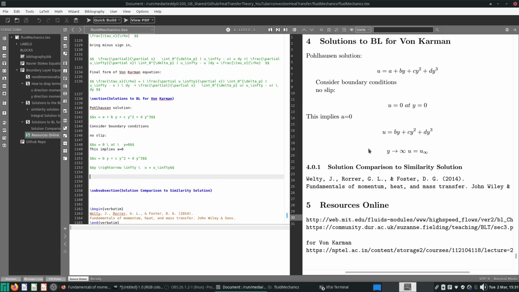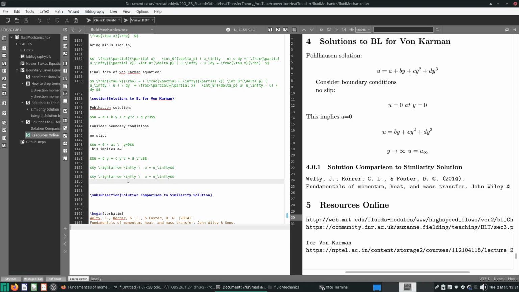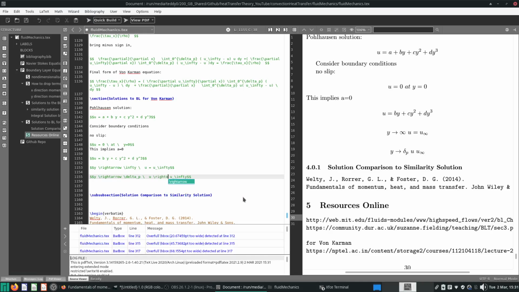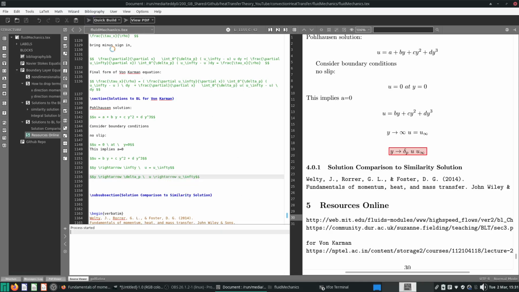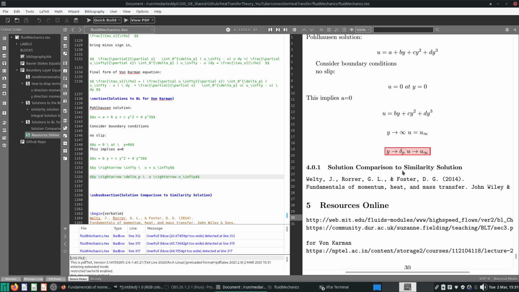We can alter this slightly. Instead of going to u infinity, let's go to this boundary layer thickness. So as y approaches this momentum boundary layer, u goes to u infinity. That's close enough, right? So there's an approximation we make here.